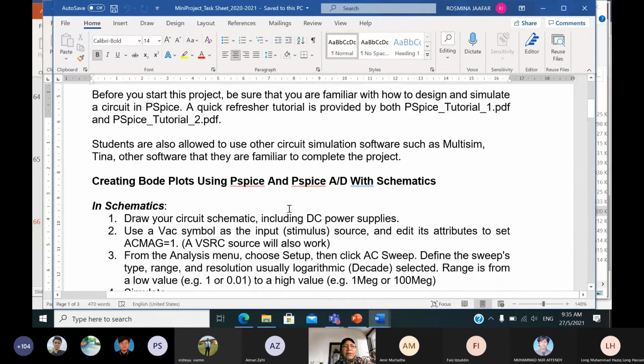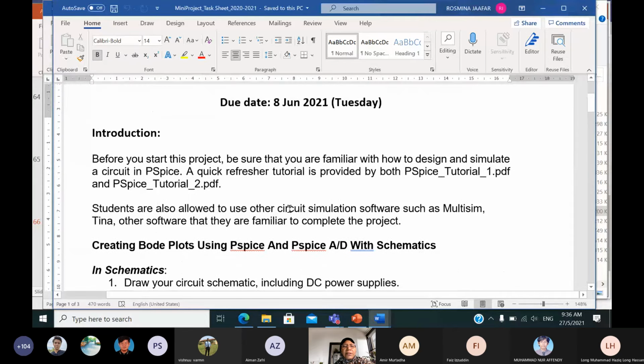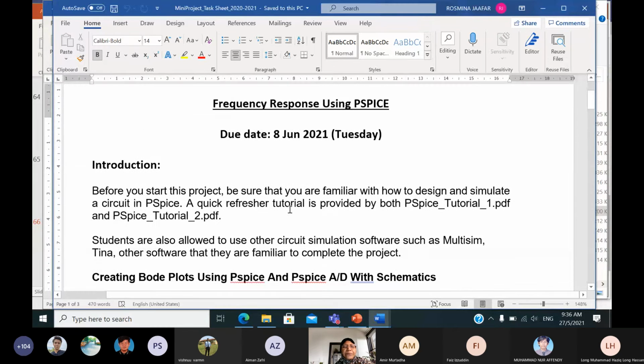Okay, I put instructions here. You have to do the simulation using PSpice, and I have provided the PSpice installer. I have uploaded all those important links in UKM folio.